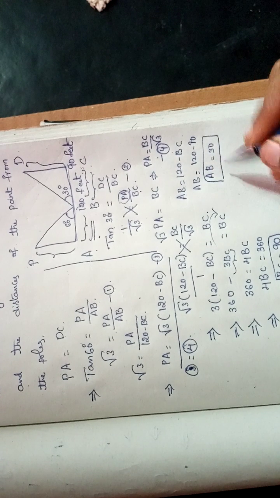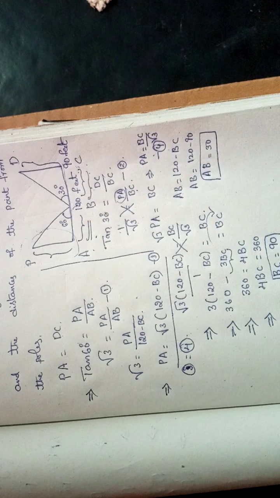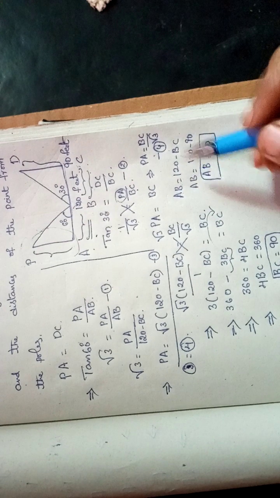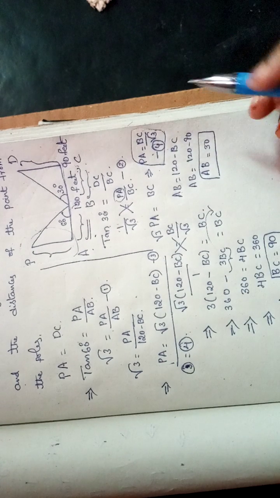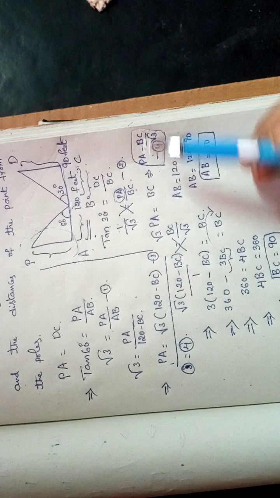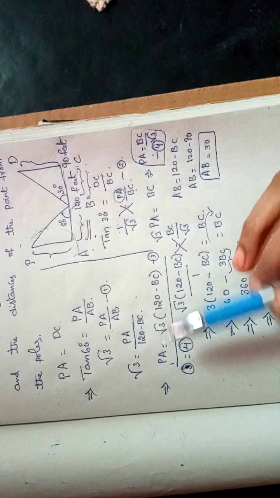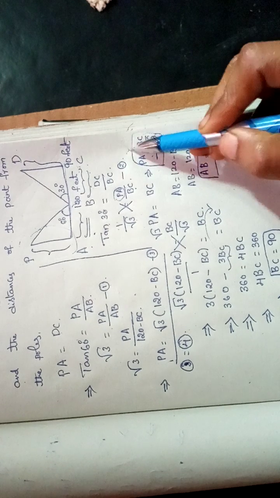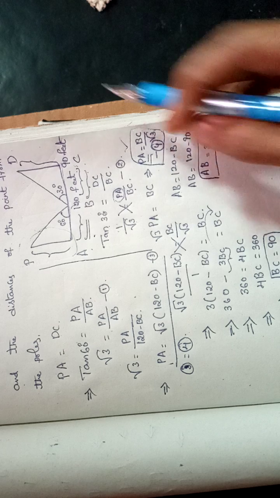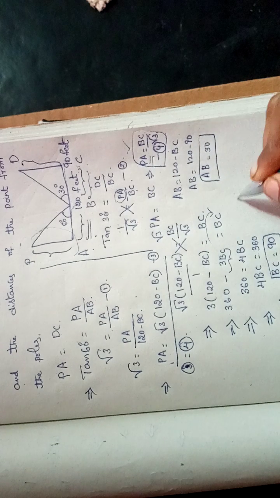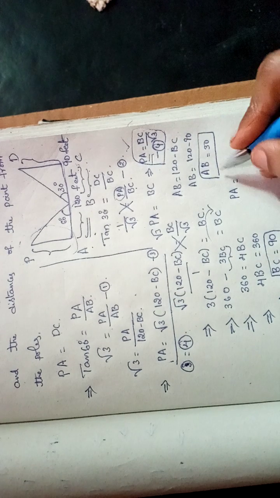Next, finally we have to find the poles' heights. These are the PA equations. We can substitute the value of BC in this equation or in this equation, but I use this equation to find PA because it is simpler. However, we can get the same value by taking either equation.